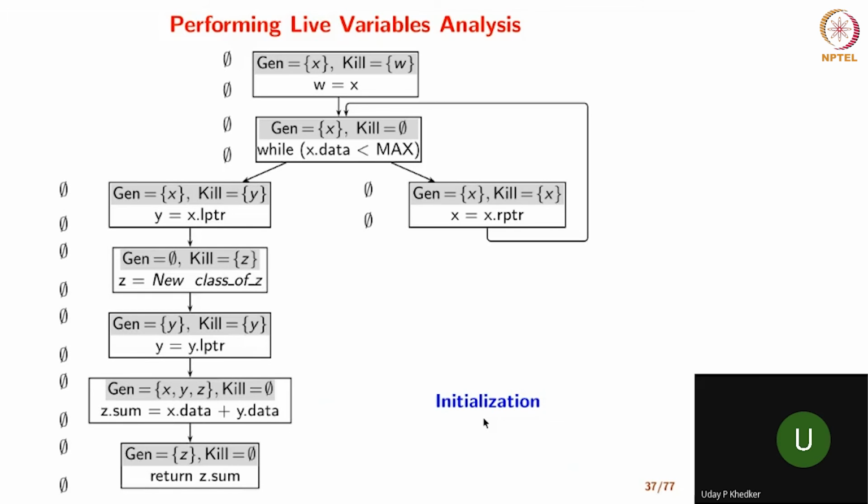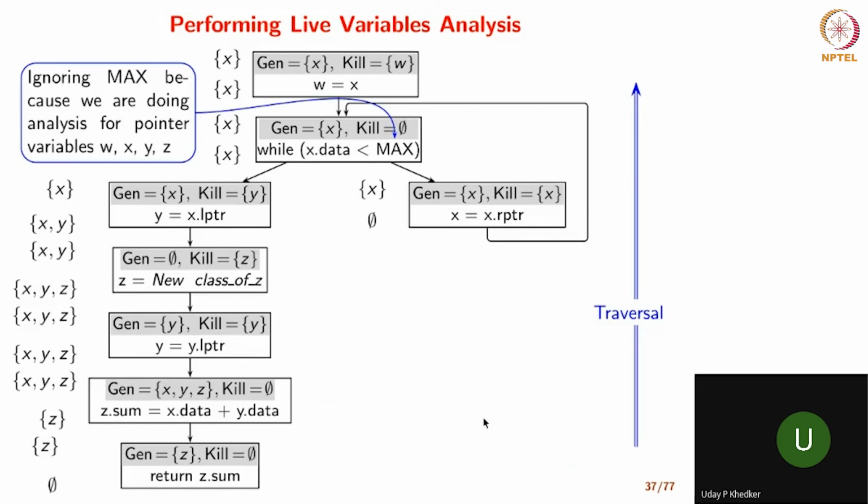Okay, and then from this initial value, we essentially compute in the first iteration these values, and I will pause here for half a minute for you to see that these are indeed the values that we will get in our analysis. We compute out of n as union of in of its successors and in of n as out n from which we remove kill and add gen.